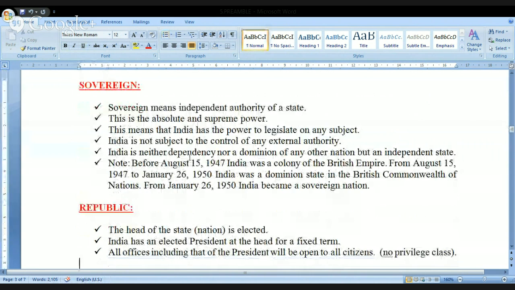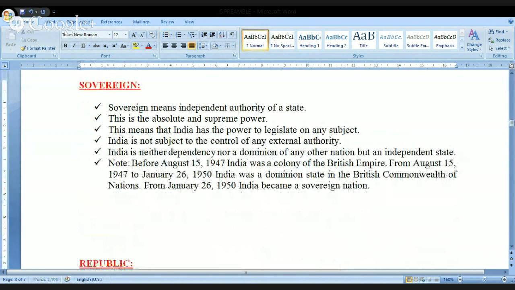First, let me talk to you about the word sovereign. So many times you might have heard the word sovereign. India is sovereign. And any country in the world may be a sovereign nation if that country is not influenced by either external or internal forces. Nobody can pressurize the nation to decide on certain aspects.